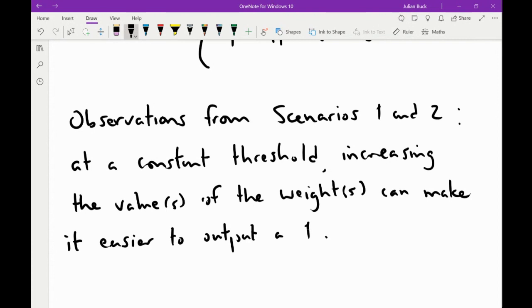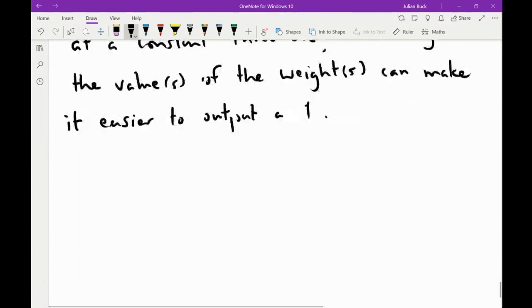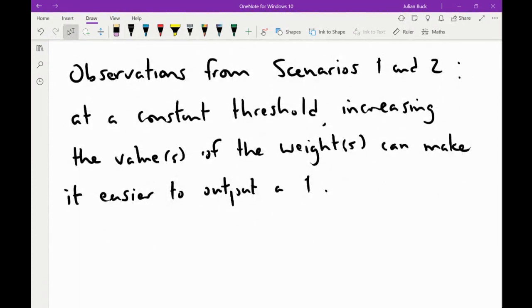Okay. So larger values of weights made it easier. We're not saying anything very profound here. All we're saying is if we increase the size of the net input function, it makes it more likely to pass the threshold. And so that corresponded to an increased willingness to attend.